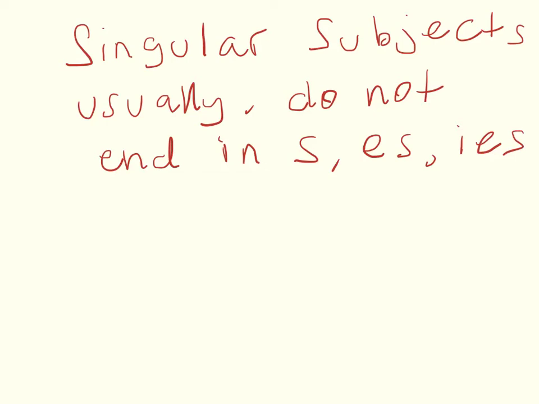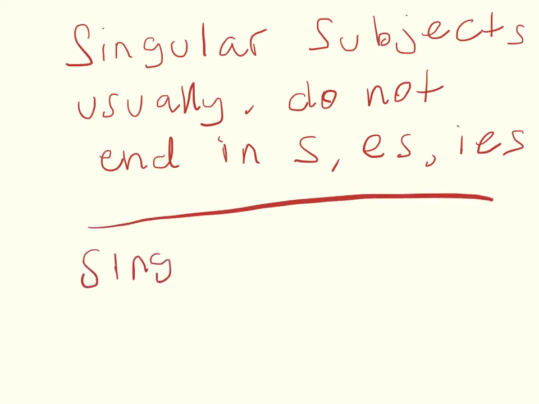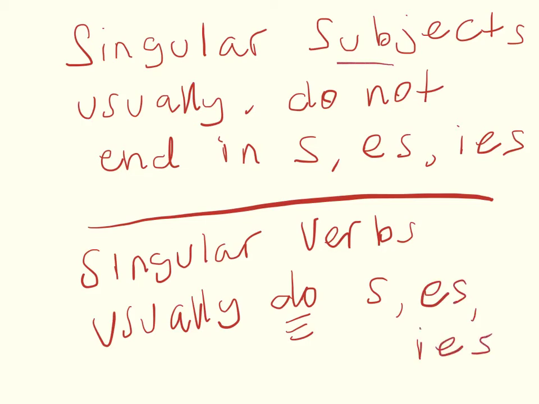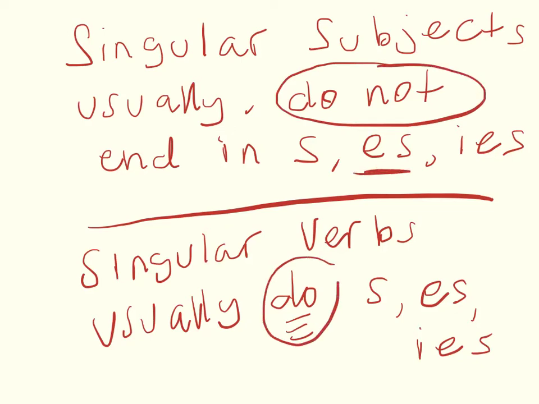Bus is a singular subject and that ends in S, but most singular subjects will not end in S. Now, on the other hand, singular verbs, again, usually, really most of the time, do end in S, ES, or IES. So it's the opposite. Singular subjects do not end in S. Singular verbs do end in S. All right, opposite. Okay, just remember that.